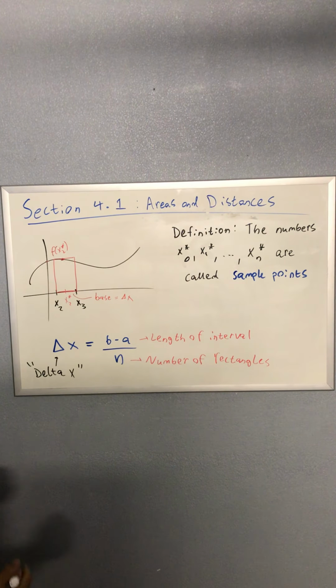Again, the width or the base of the rectangle is always the same. Plus so on, f of xn star times delta x. So this goes on for n more terms. Oh, and this should actually be x sub 0, I'm sorry. So the 0th sample point, the first one, and so on, all the way until we get to the very end.